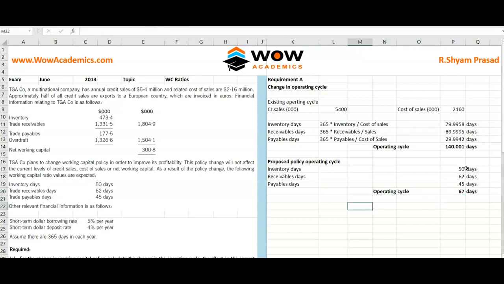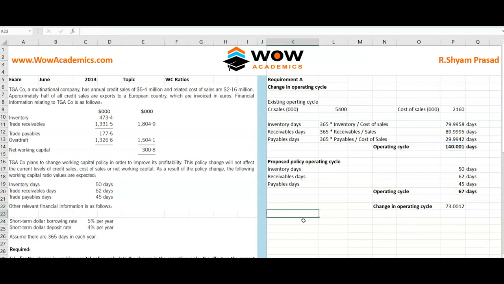So what we'll do is take the difference, the change in operating cycle. We can copy it and have the answer here. So the change in operating cycle is 140 days minus the proposed one.